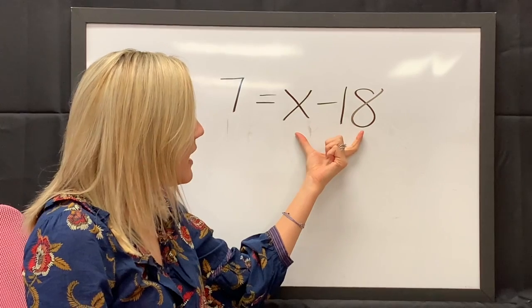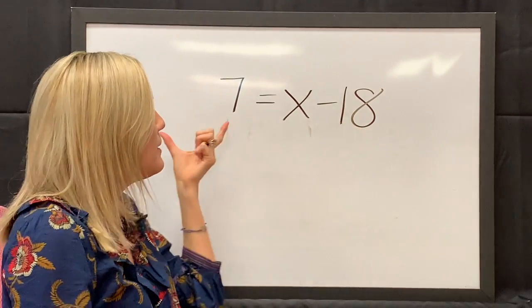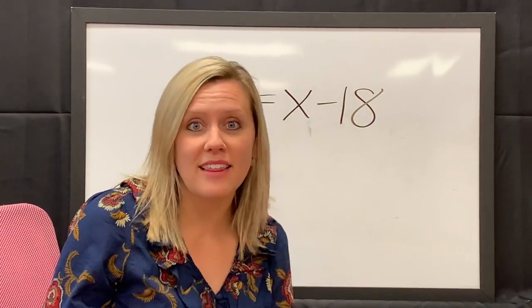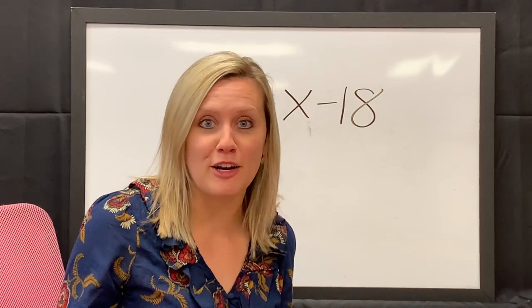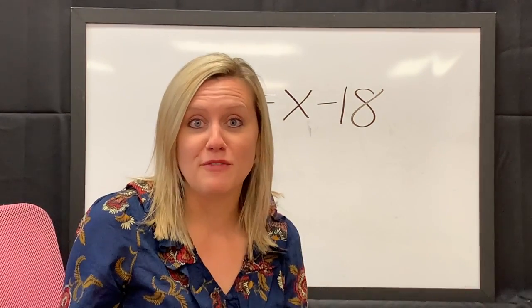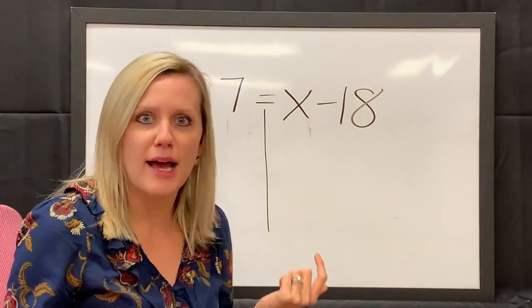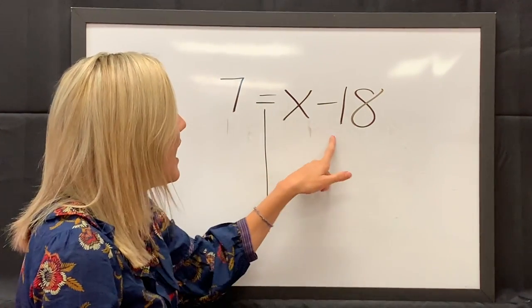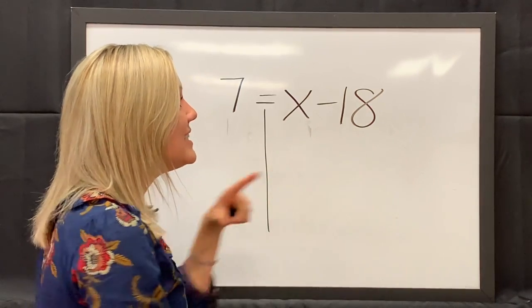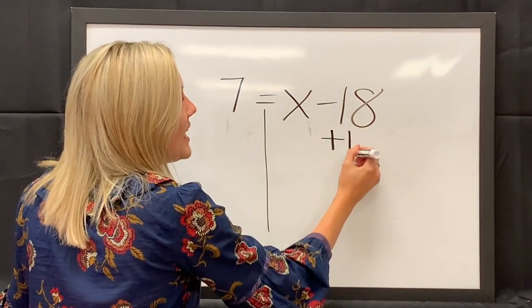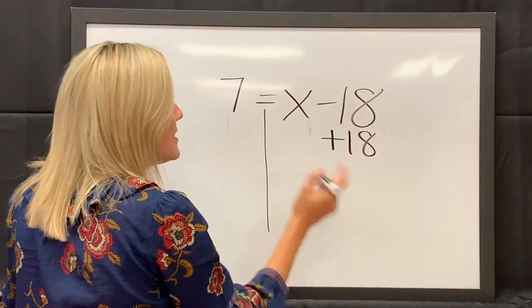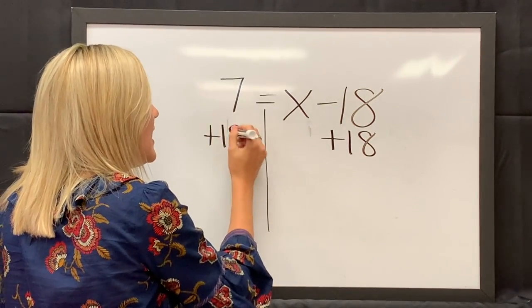Okay, here we have 7 equals x minus 18. Sometimes we have our x on the right side of the equal sign. Sometimes we have it on the left side of the equal sign. It really doesn't matter. You should be able to go back and forth. Okay, so I'm going to do the same thing. I'm going to draw a line at my equal sign, and I want to get rid of this minus 18 by going plus 18. Whatever I do on that side, I do to the other side.